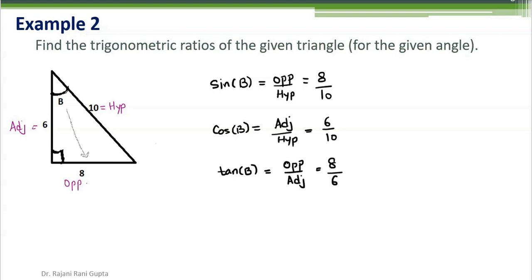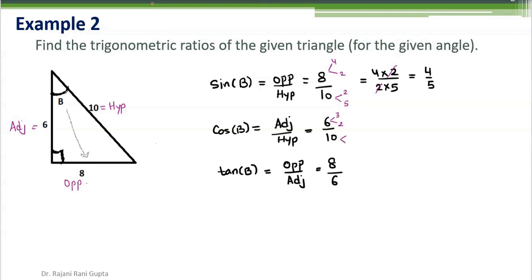Okay, it is better if you simplify it further, like 8 over 10. You can write 8 as 4 times 2 and 10 as 2 times 5. So you can see that 2 is common in numerator and denominator. Cancel it and you get the final answer as 4 over 5. In the same way, you can simplify 6 over 10.